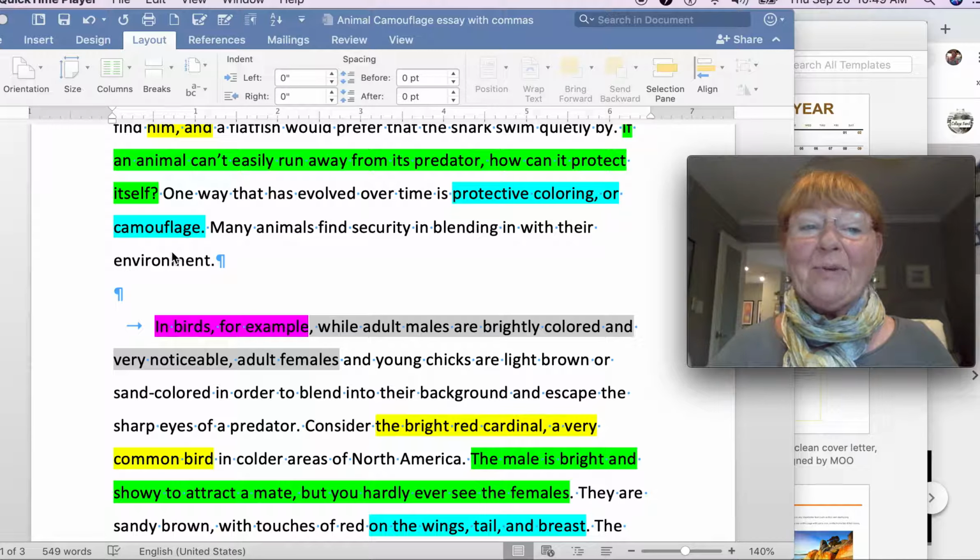All right, here's another sentence with a comma. If an animal can't easily run away from its predator, how can it protect itself? Comma after predator. Remember the first unit about independent and dependent clauses? Well, the dependent clause here starts with if, which is an adverbial clause of cause. If an animal can't whatever, whatever, comma, how can it protect itself?